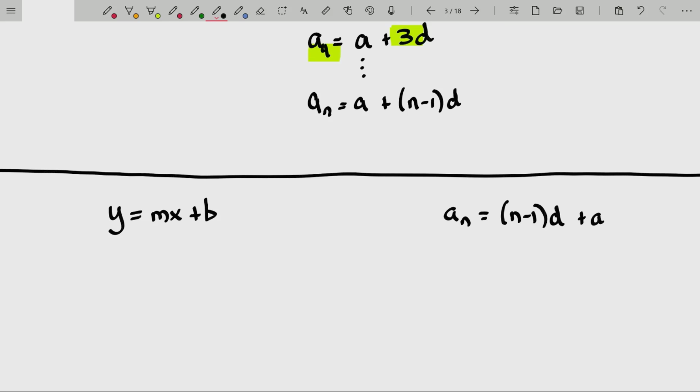So let's see why there's an n minus 1. Why is that an n minus 1 instead of some other value? And by the way, if I'm going to write it just like y equals mx plus b, it should be that this d is there and this is the n minus 1, because d is playing the role of the slope. It's the common difference.